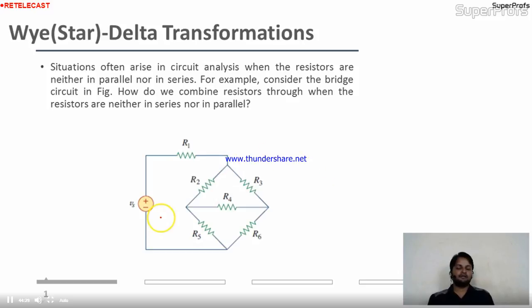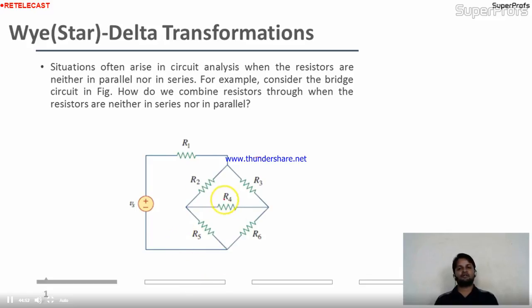If you look over this bridge, you will feel that no resistive element is connected in series or parallel. You can see R3 is not in series or parallel with R4, or with R6. Neither series nor parallel combination.